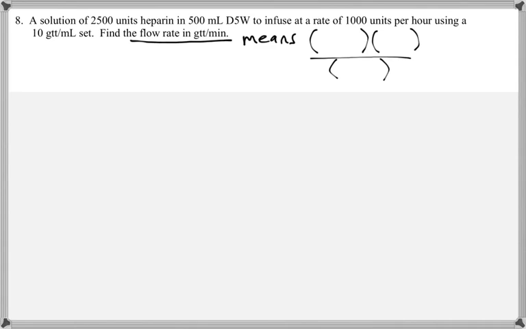But before we can do that, we actually need to set up a proportion with the order, which is 1,000 units per hour, and the strength, which is 2,500 units over 500 mLs.